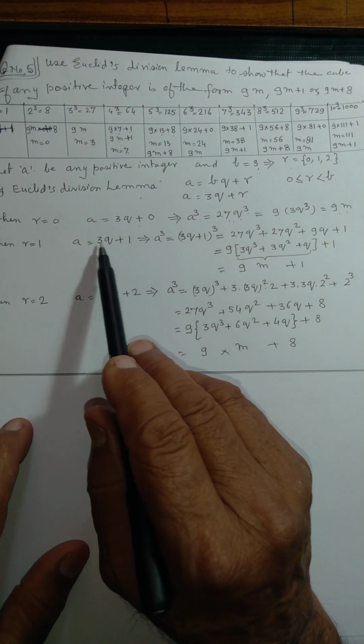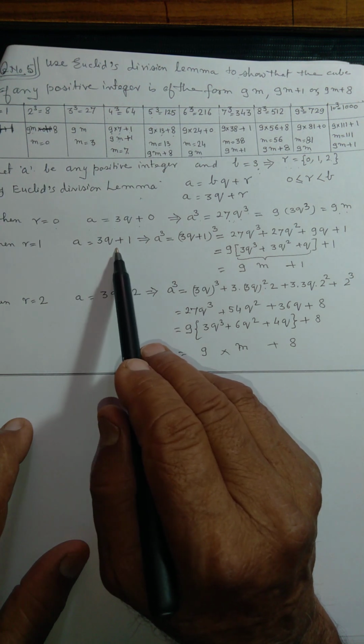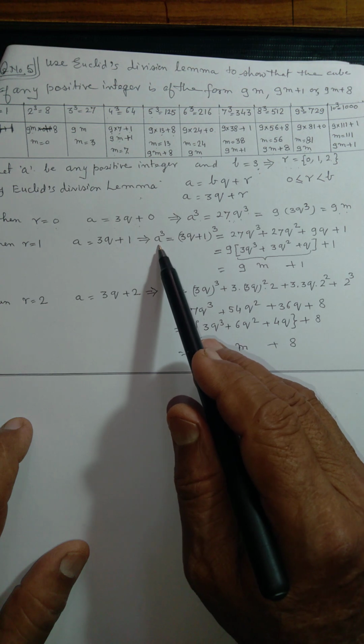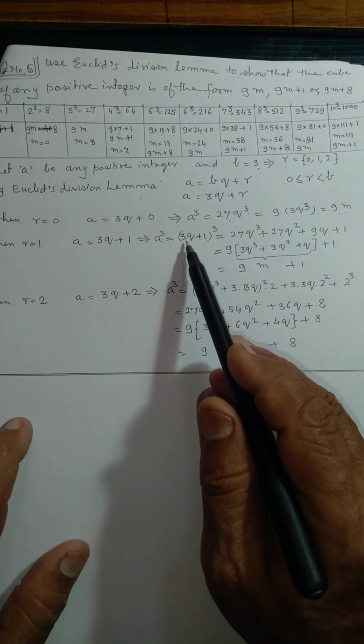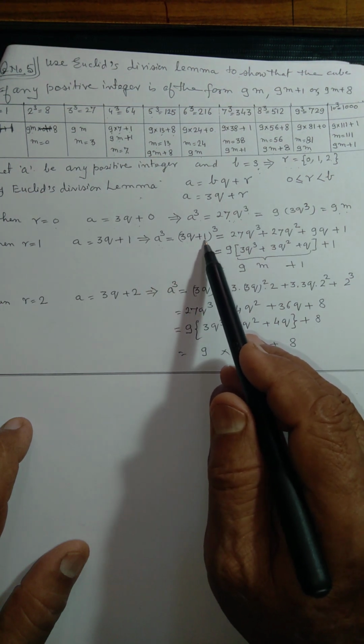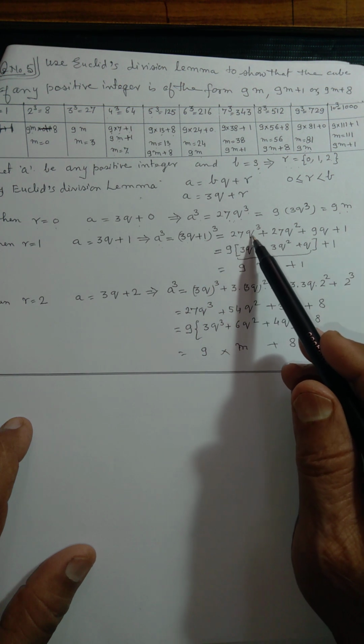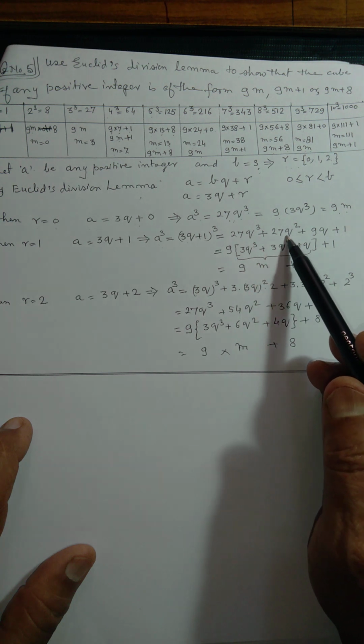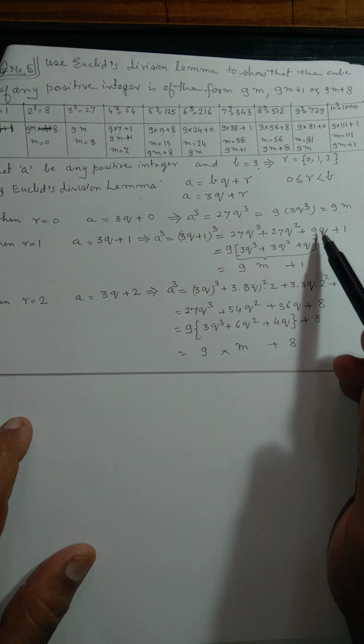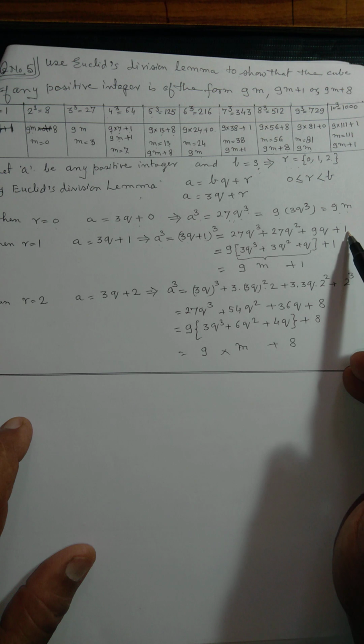Take the cube of both sides. On the left hand side you will get a cube, on the right hand side 3q plus 1 whole cube, which will be equal to 27q cube plus 27q square plus 9q plus 1.